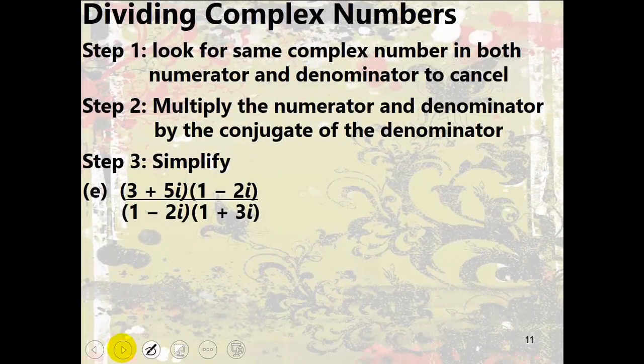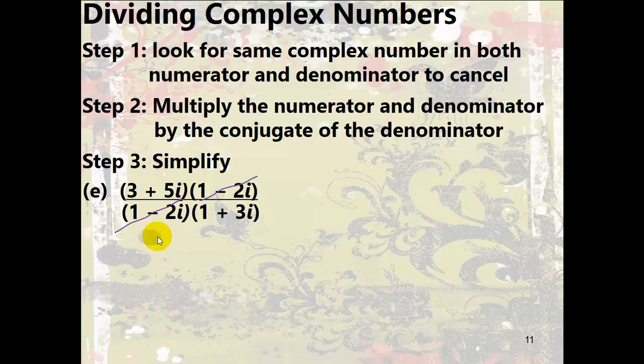Now sometimes it looks really hairy and you think, oh my gosh, what am I going to do with all of those complex conjugates? Here's a hint, and they do this on high stakes testing. Look to see if you have any common complex numbers on the numerator and the denominator. You have to take out the whole complex number.